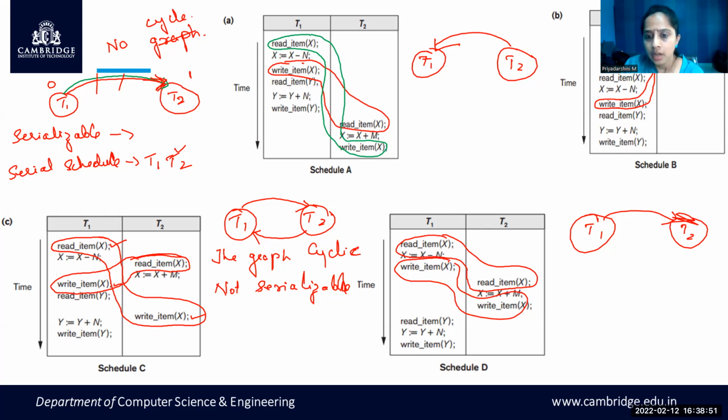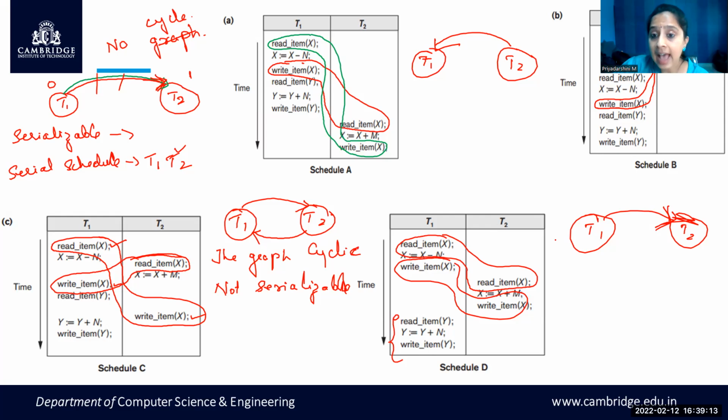Do I have any conflict from T2 followed by T1? No, because T2 is working on the X object, and T1's last operation is working on the Y object. Both are working on different objects, so there is no conflict. The graph here is only this much.